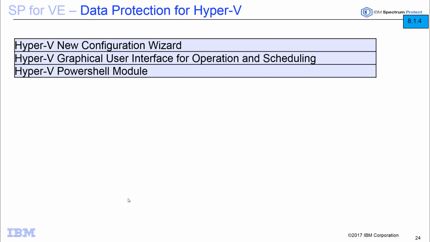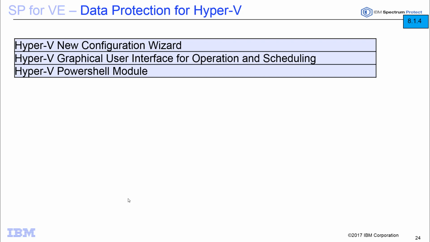Okay, so moving on to data protection for Hyper-V for Spectrum Protect for virtual environments. We have a lot of ease of use improvements in 8.1.4 here. We have a new Hyper-V configuration wizard that was added to the product, and we have a new Hyper-V graphical user interface for operation and scheduling that is defined as an MMC.